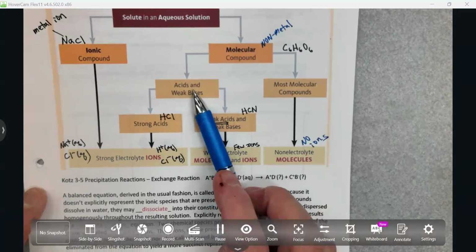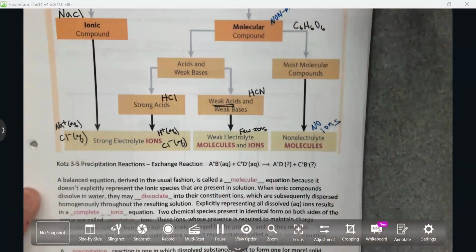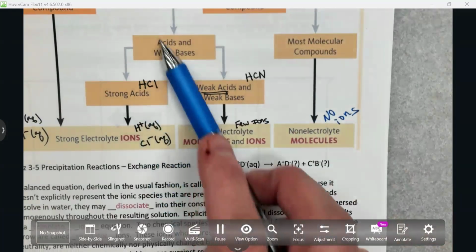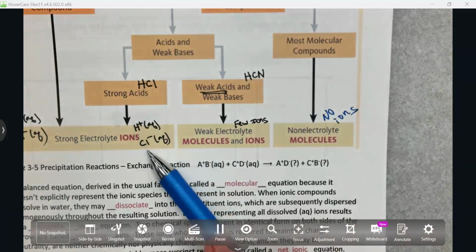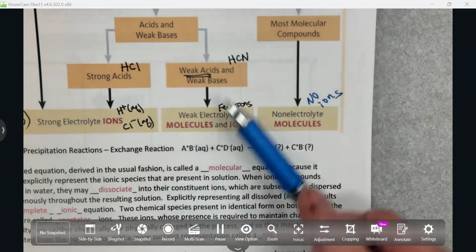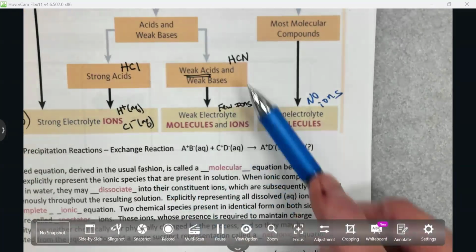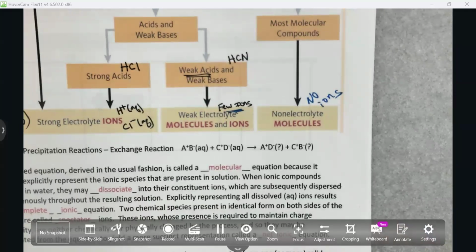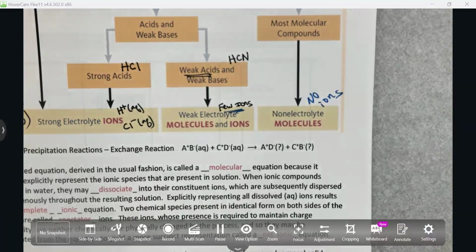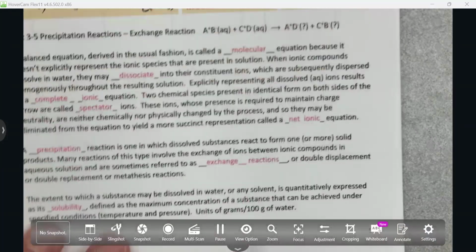But you can have some acids. If you have a strong acid such as HCl, it's going to split up into ions. If you have a weak acid such as HCN, you're just going to get a few ions. So the terminology for that is this.